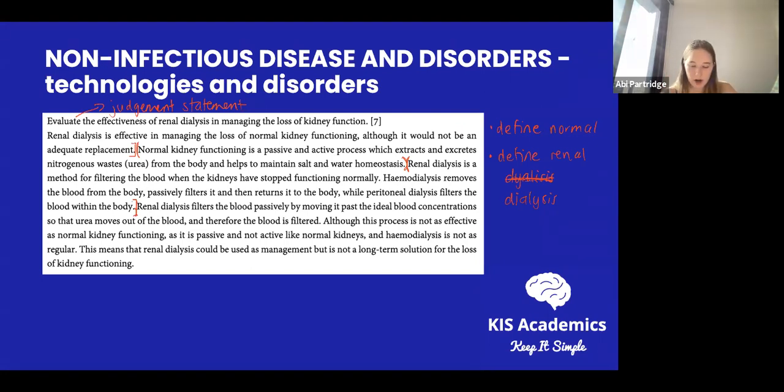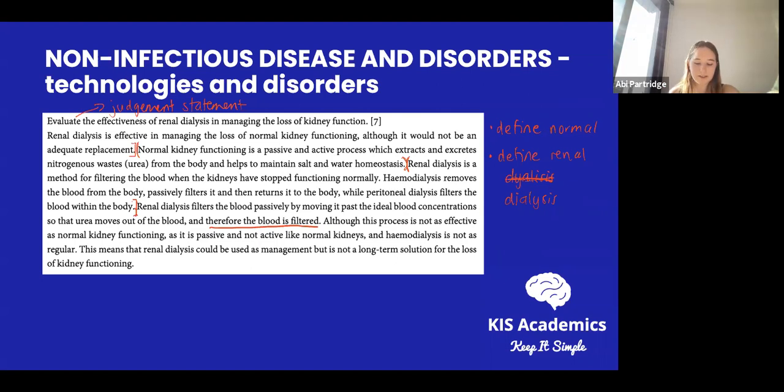So then you want to answer the question, the effectiveness of it. So it's saying renal dialysis filters out the blood passively by moving it past different blood concentrations. And so it's saying that the blood is effectively filtered. And as you've said before, normal kidney functioning is pretty much just filtering the blood.